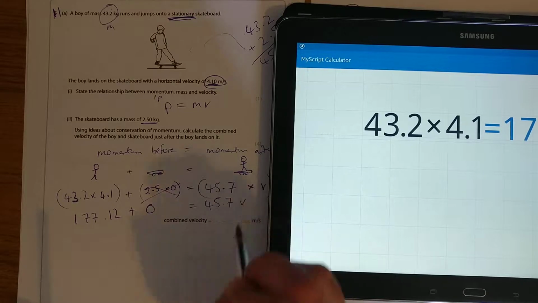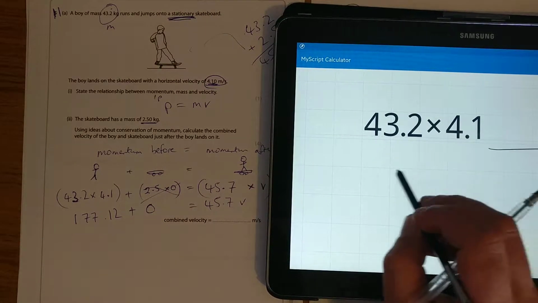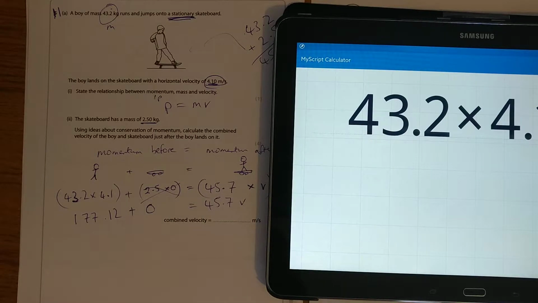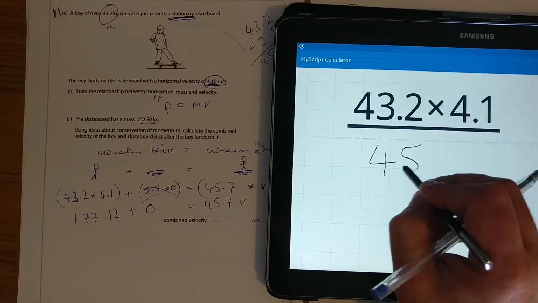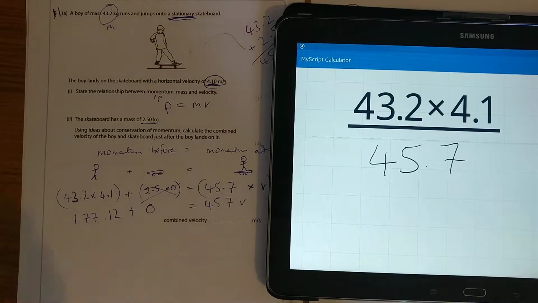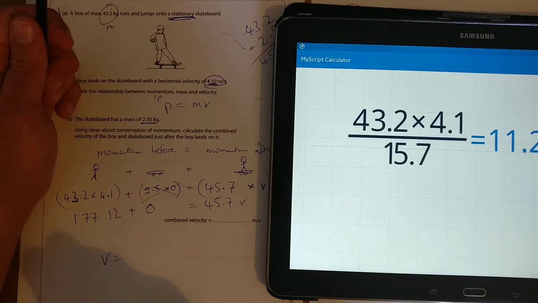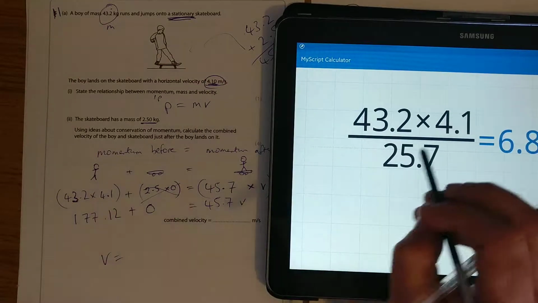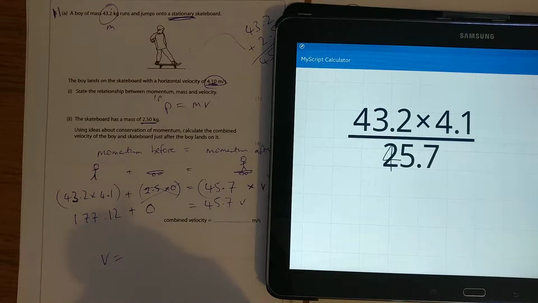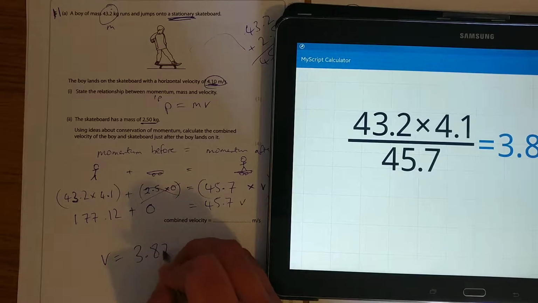45.7 V. So all we need to do now is divide that by 45.7 to get the value for V. So V equals 3.875.